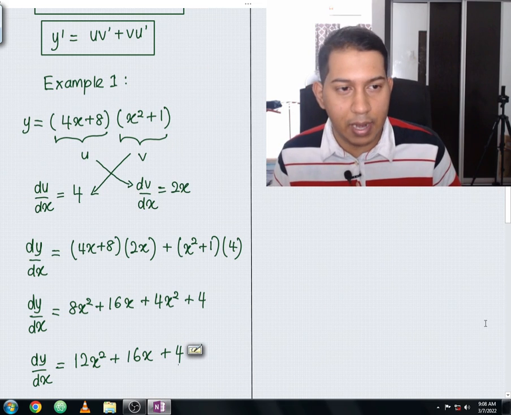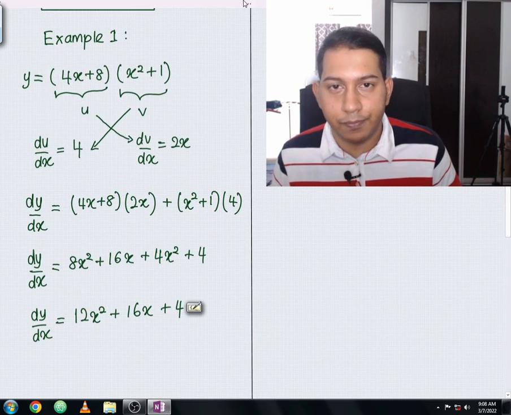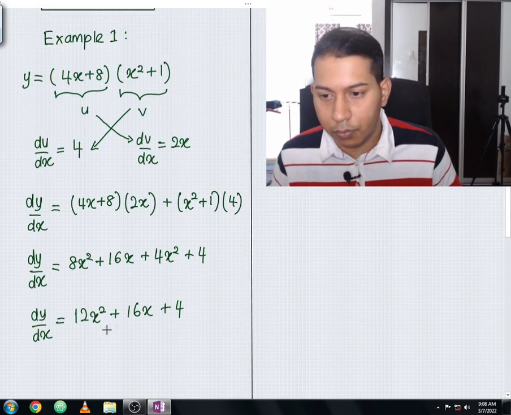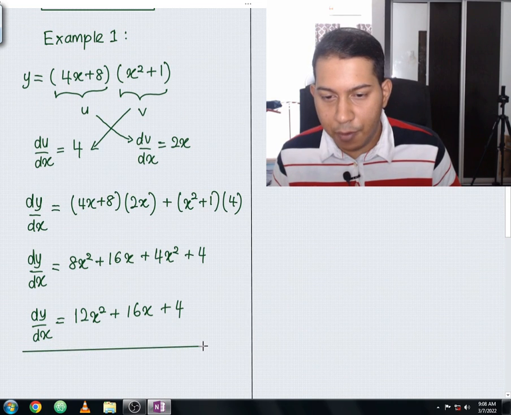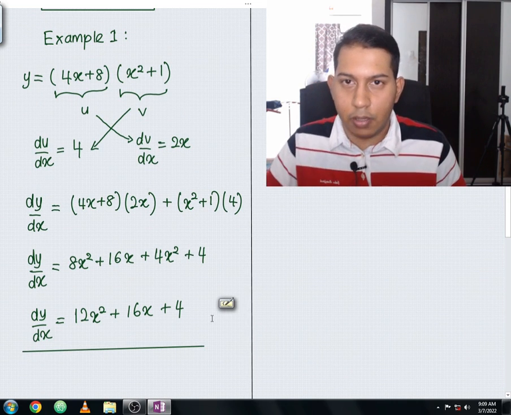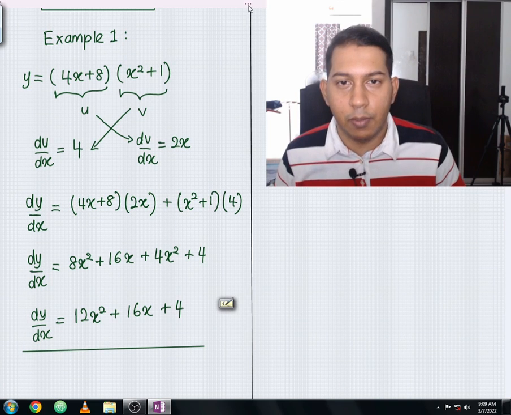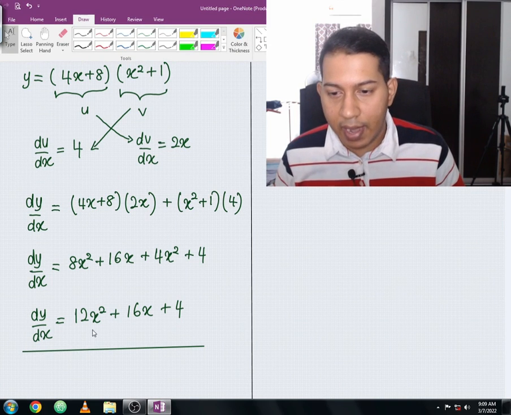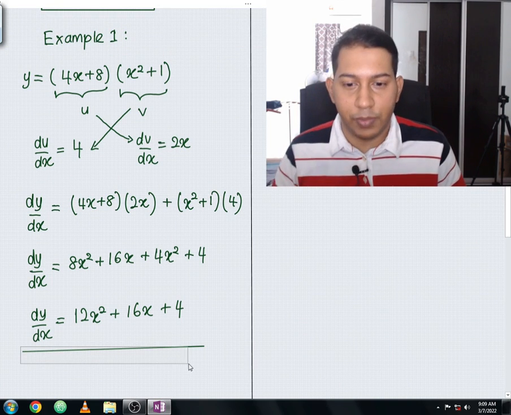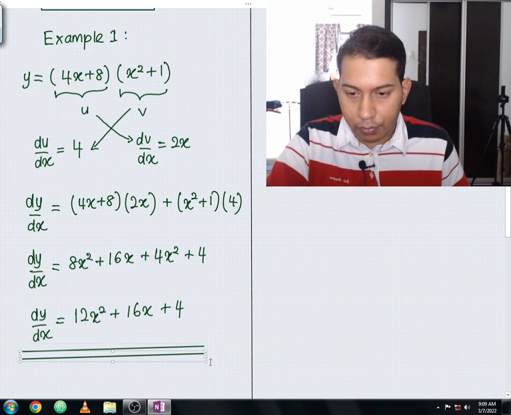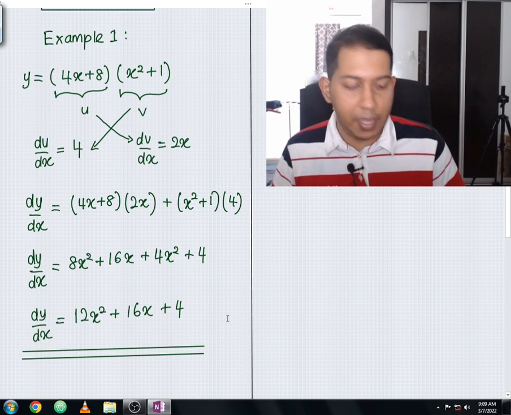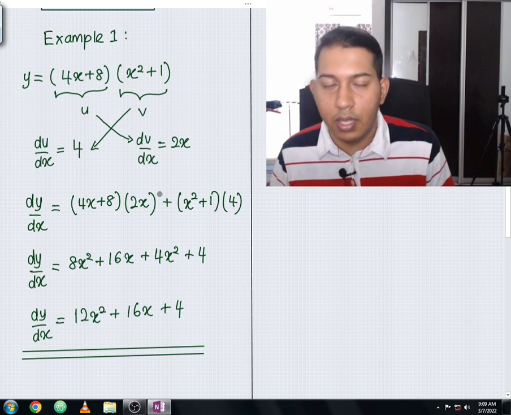Let me underline the solution for example 1. If you don't understand, don't worry, take it slow and steady. I will show you a couple more examples and I'm sure you will be able to understand. By the way guys, this long step is for your understanding.